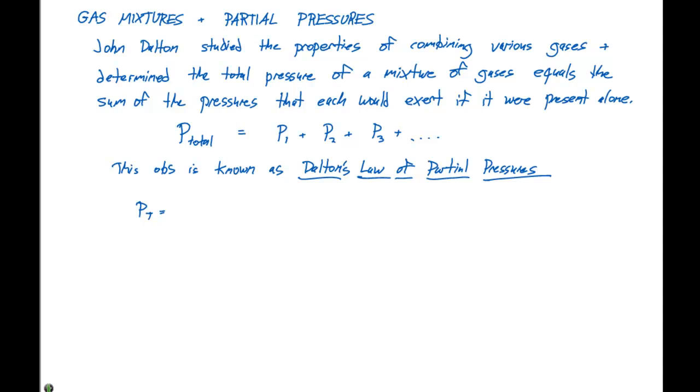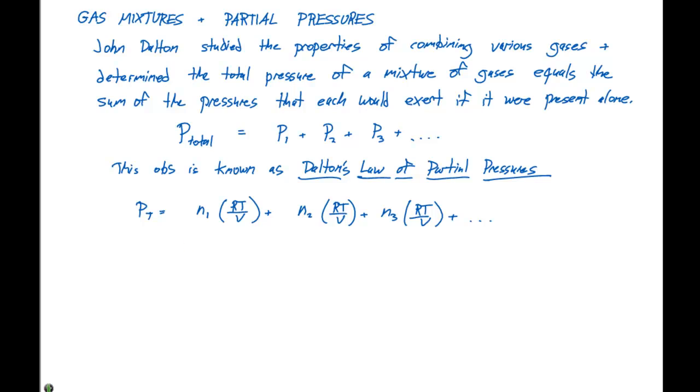So if we take constant temperature and volume, instead of writing this as P1 plus P2 plus P3, we can say this is going to be N1 times RT over V plus N2 times RT over V plus N3 times RT over V plus however many gases that we have.